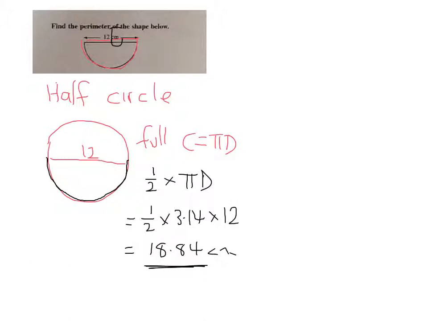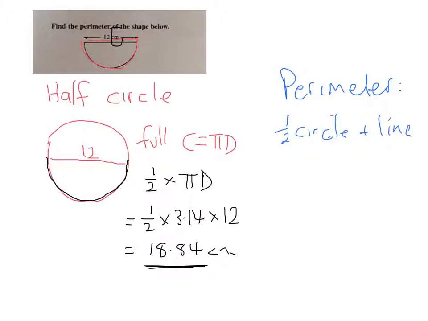So for the perimeter, what we need to do is we have the distance of the half circle plus the line at the top. We're still in holiday mode here, so my brain's got to start working again.